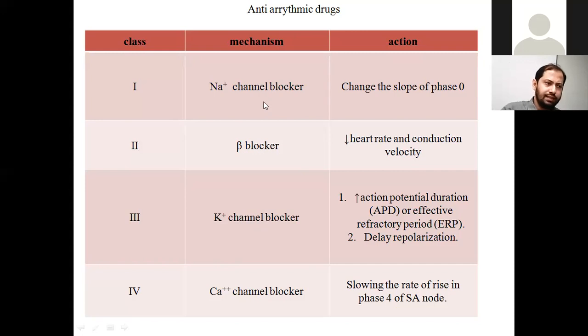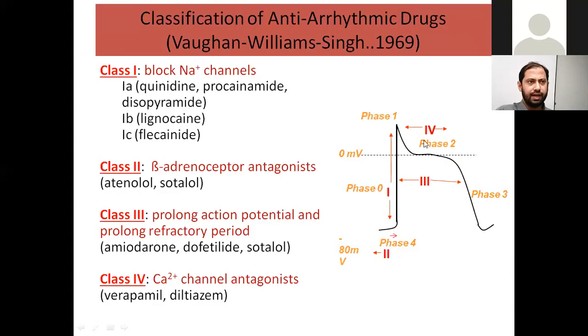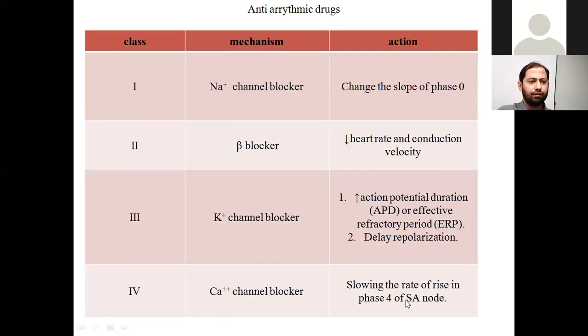Class 4 drugs are calcium channel blockers, and they slow the rate of rise in phase 4 of the SA node, as we have discussed in this picture.